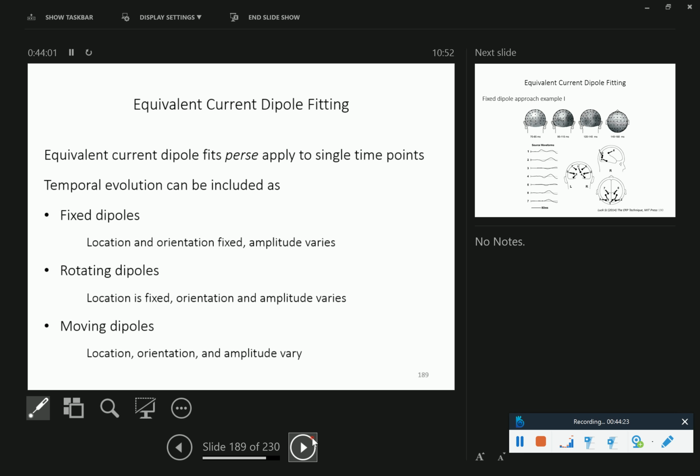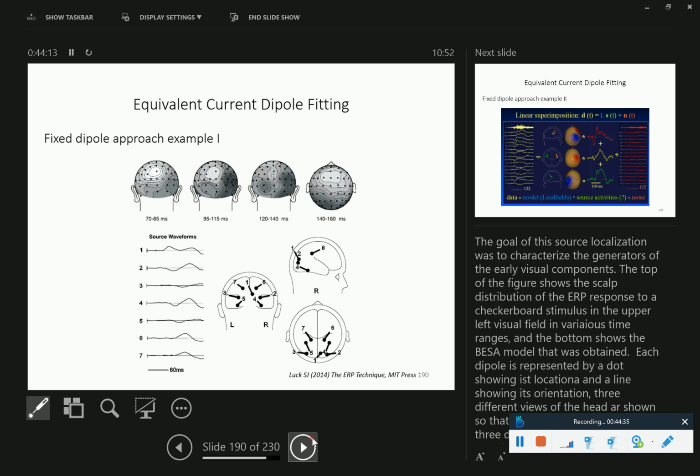Or you can have moving dipoles, which one can also argue for, but it's a little bit strange when you have moving dipoles that also change location. To show you what you can do with a fixed dipole approach, this is some visual activity explained with 6 dipoles.